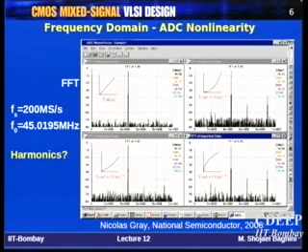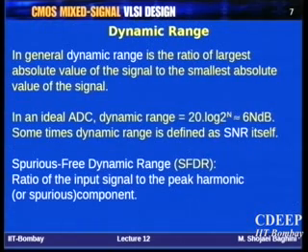Here it was a single tone, but if it was a two-tone signal with a second tone at this particular frequency, then you would get a lot of distortion. So eventually this SFDR is an extended version of THD and SNR. It's trying to give you more information.